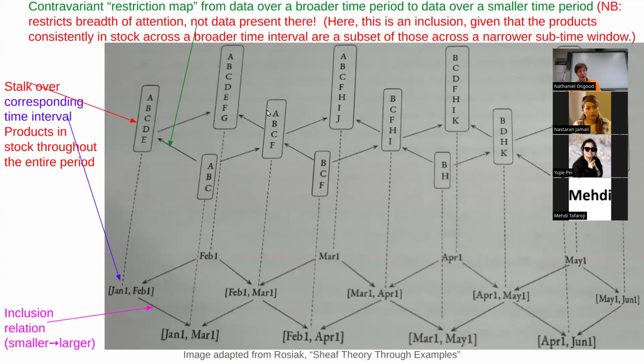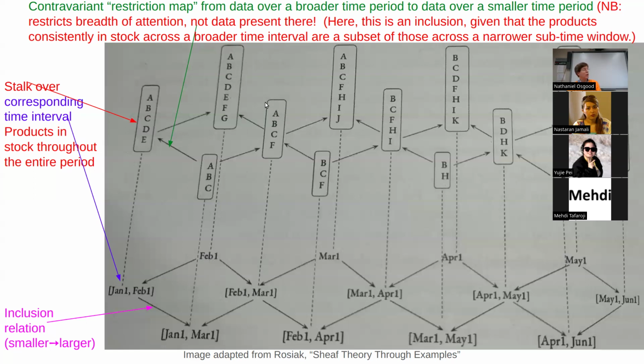Less purchase activity, yeah. An item could go out of stock on February 2nd, for example. It wouldn't be on this list because it went out of stock at some point in this interval, but it would still be on this list because it was in stock for February 1st. So in some sense, there's more restriction on this because it's a broader interval.